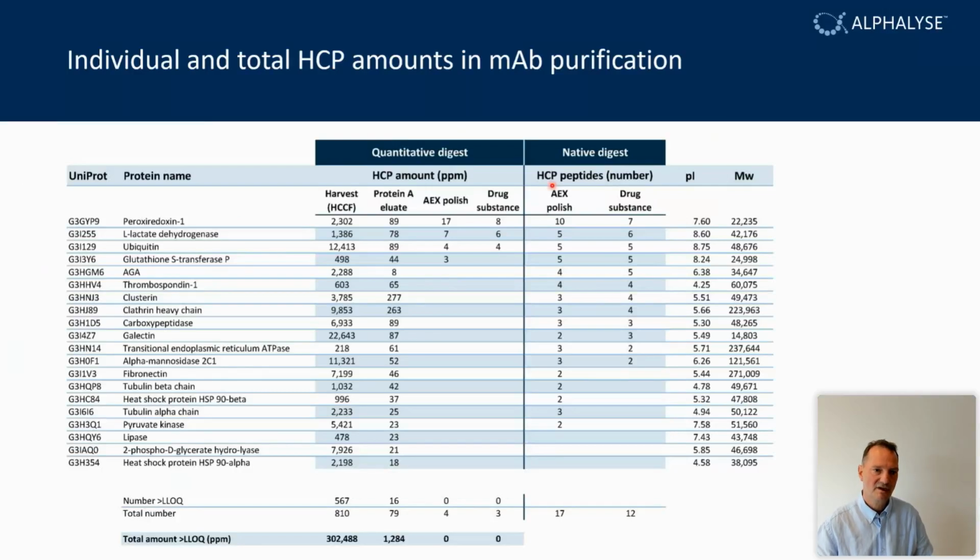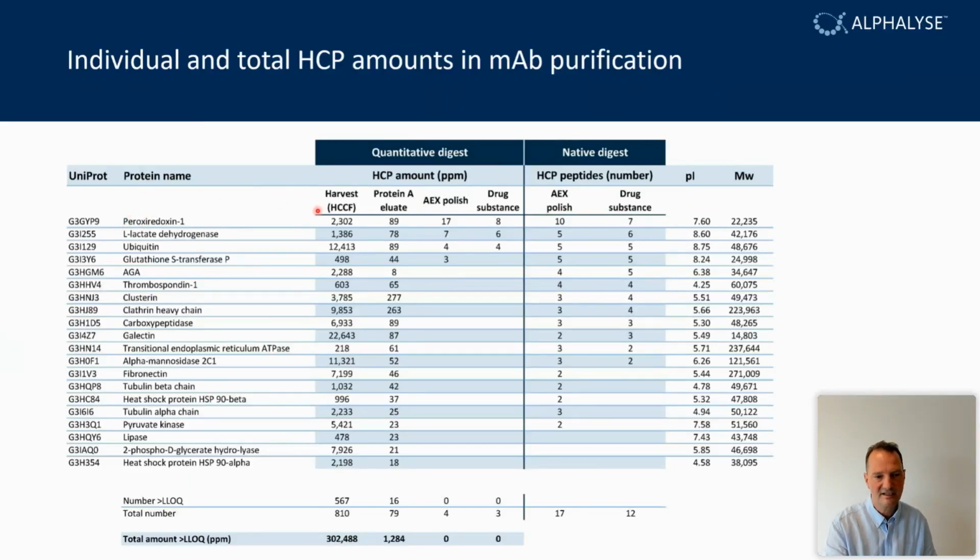So just to show you a typical data set, this is from analysis of samples from mAb purification. We have 4 different sample types: an early harvest sample, a protein eluate, one of the polishing step, and the purified drug substance. In the data set, you can see a list of host cell proteins, their names and accession numbers, so you can look them up in a database.